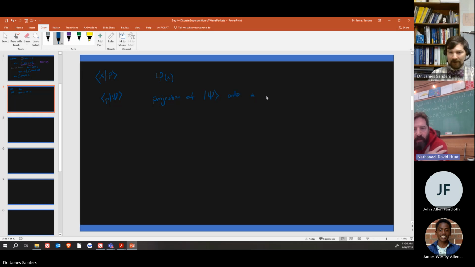Dr. Sanders, when you say projection, it makes me think it's a dot product. Is that reasonable? Yeah, it's an inner product. We've been calling these things inner products all along, and I think in quantum one, I stated that a dot product is a type of inner product. So is it correct to say that this is a dot product?